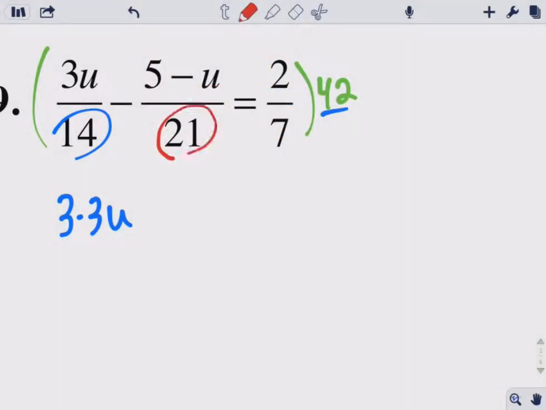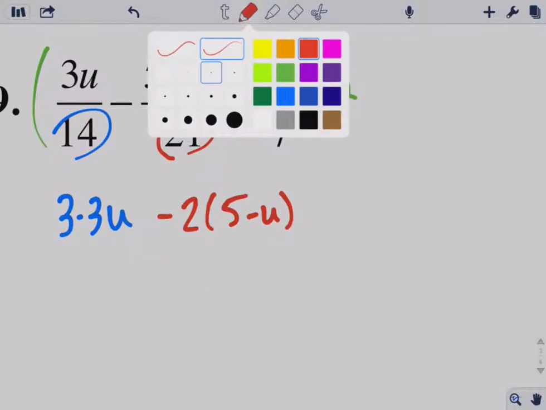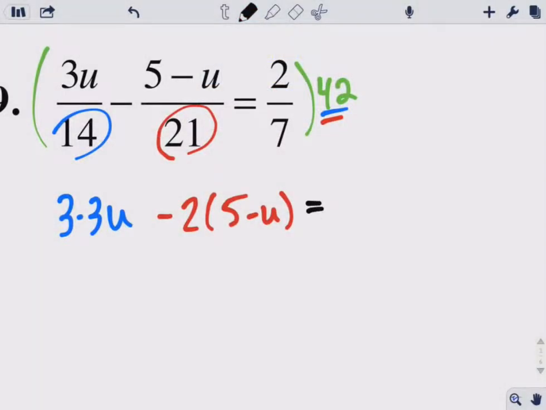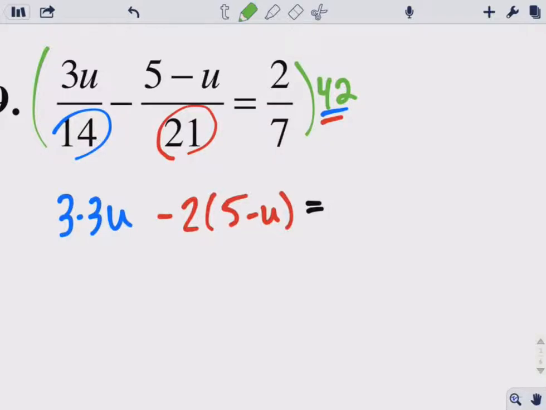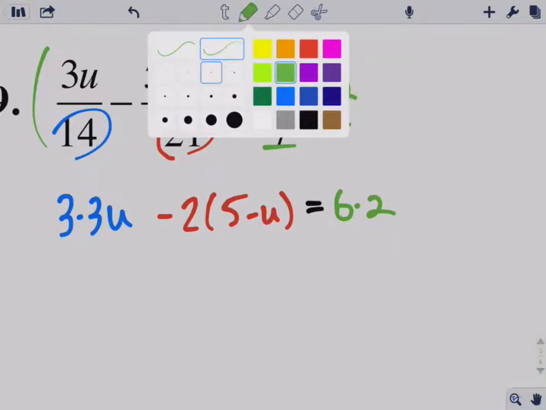Alright, 21 goes into 42 2 times, so I'll get 2 times 5 minus u. And then 7 goes into 42 6 times, and so I get 6 times 2. Alright, so I do each of those, and then I can sort of work it out from there.